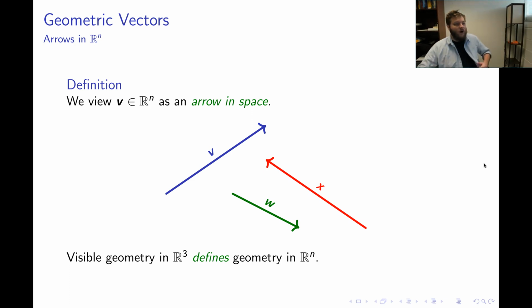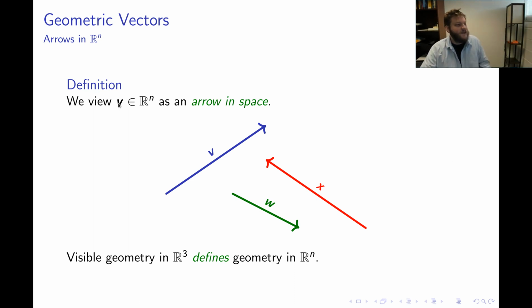Okay, now what if I wanted to think about vectors in Rn geometrically? Well, humans aren't very good at thinking about 4 and 5 and 6 dimensions visually. Nonetheless, we can still capture the geometry of vectors in those dimensions by being inspired by the geometry of lower dimensions.